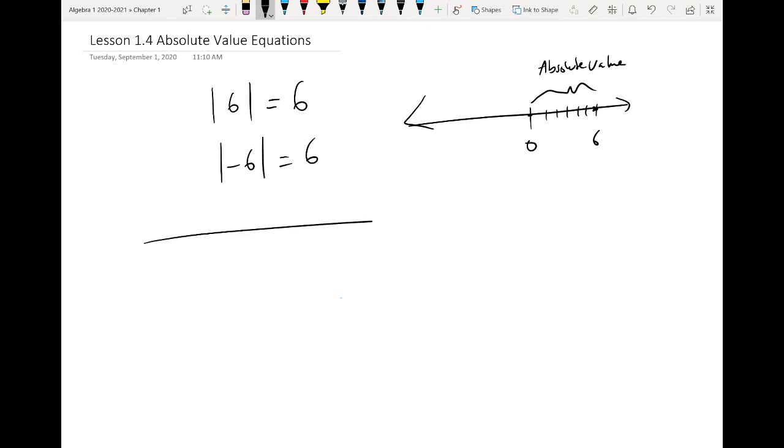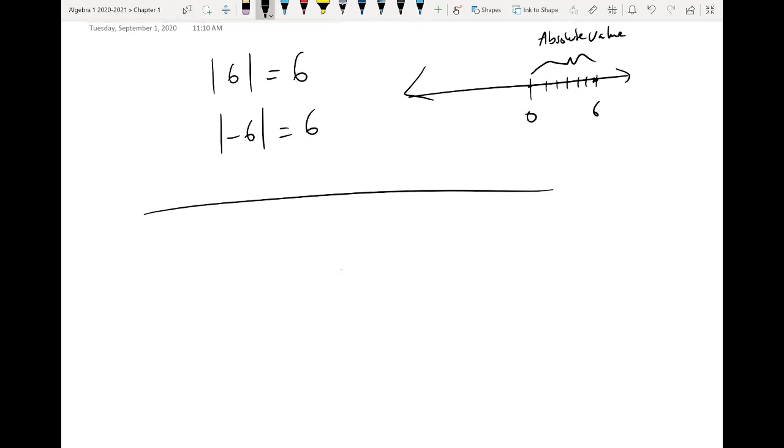So, conversely, is it possible for me to have something where the absolute value is equal to a negative? In other words, am I going to have something where I have the absolute value of x being equal to -6? This we can't do, right?